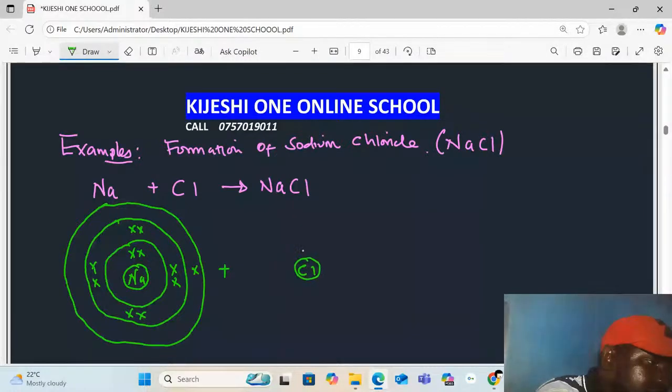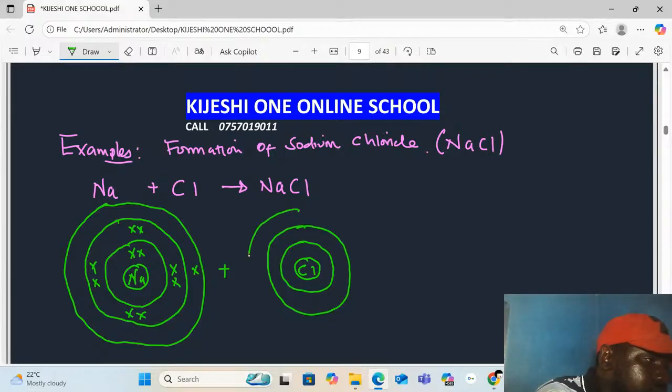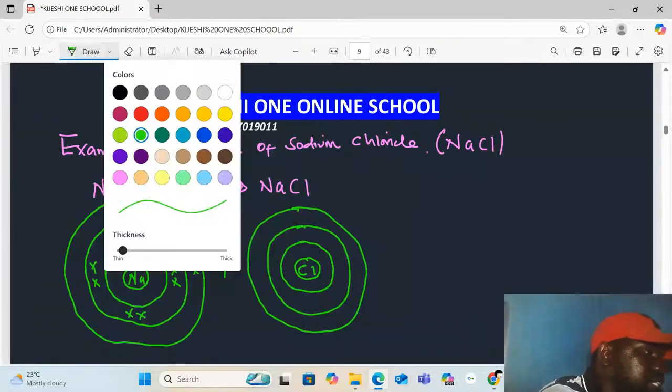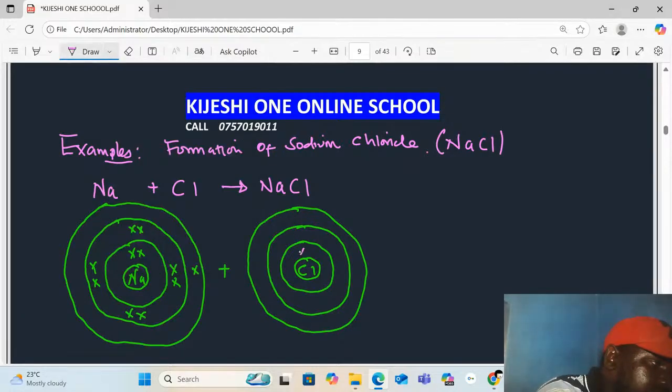This one also has 3 energy levels. The first has 2, the second has 8, which is 4 pairs, and the last one has 7.